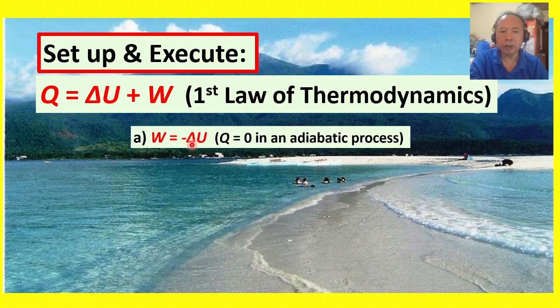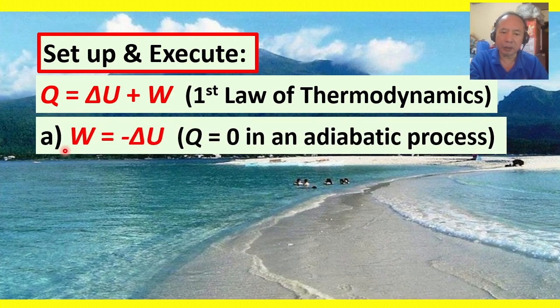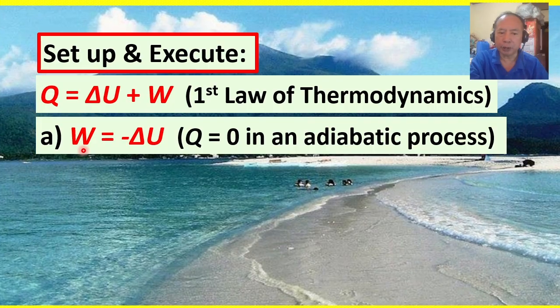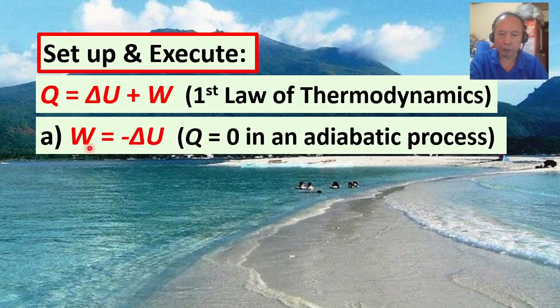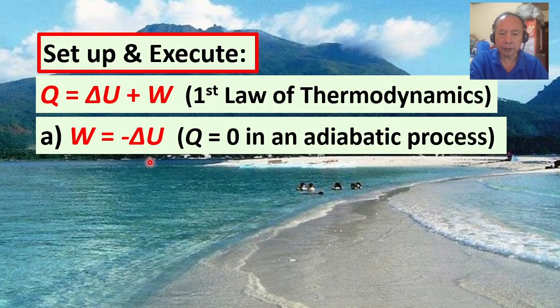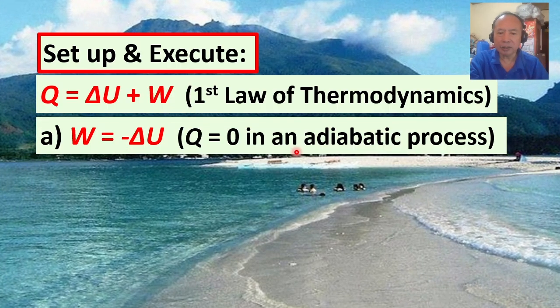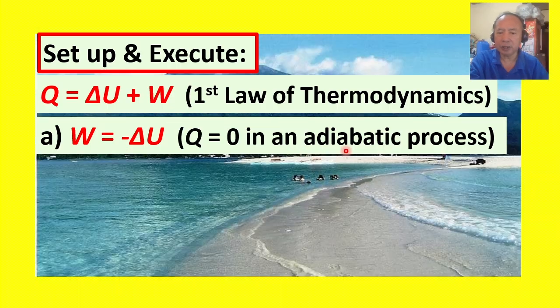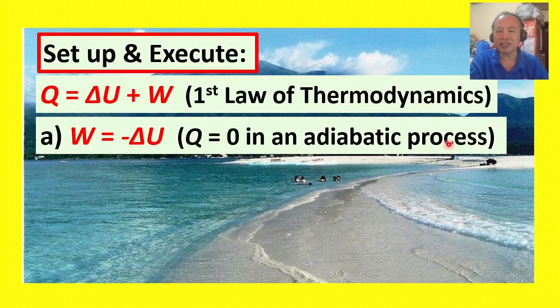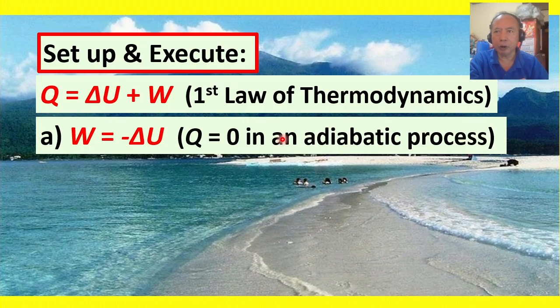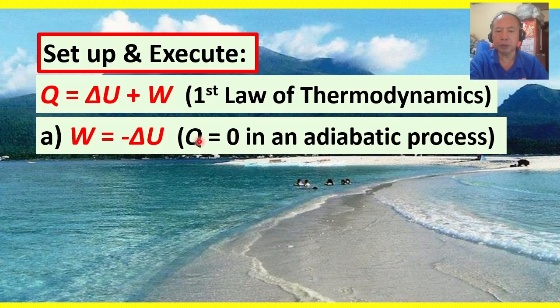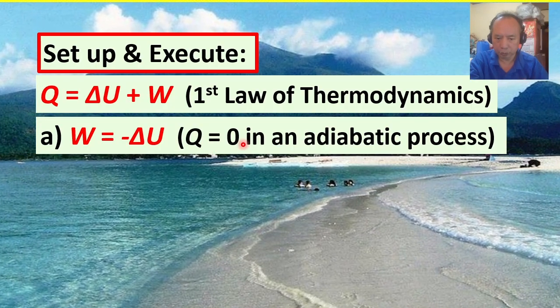And in part A, we are computing the work done by the system, capital W. And since the process involved here is an adiabatic process where there is no heat flow involved, big Q equals 0.